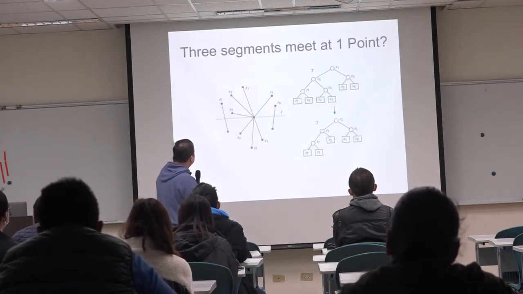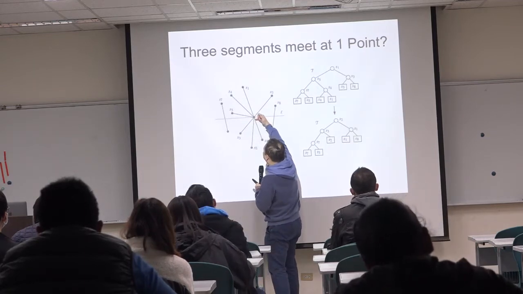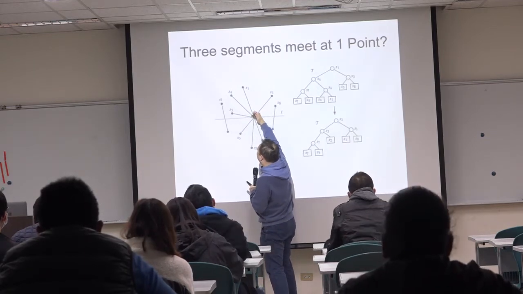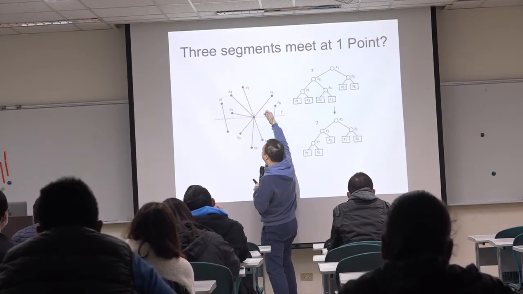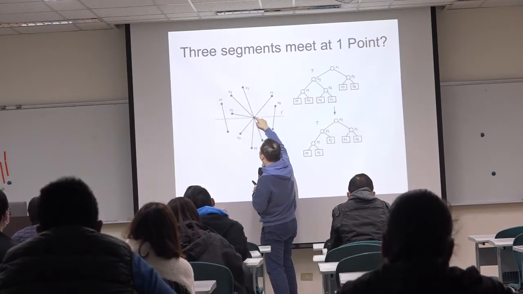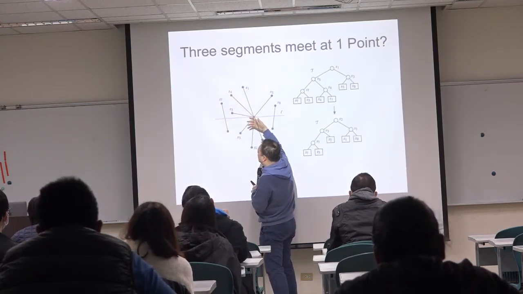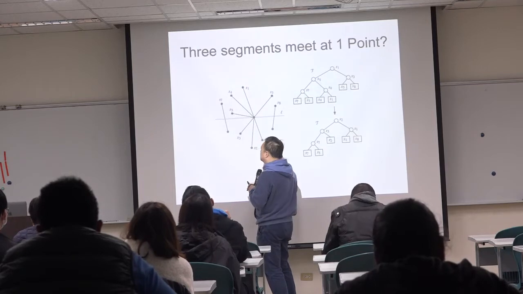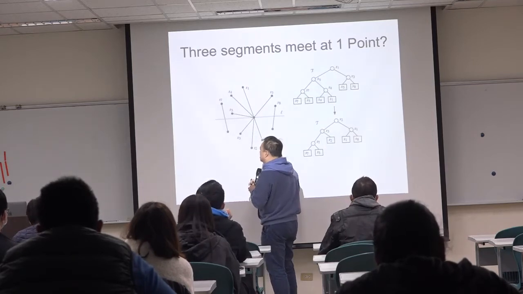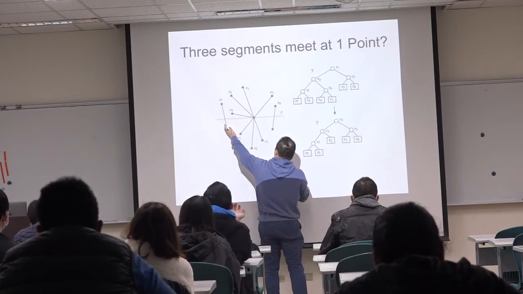If you are right above this point, when this event point is considered, in the active status tree all these seven segments are active.